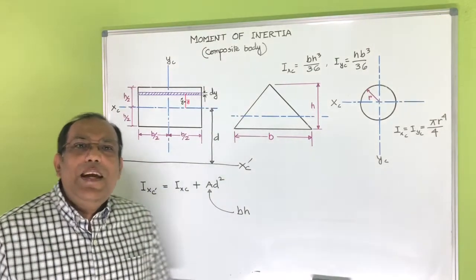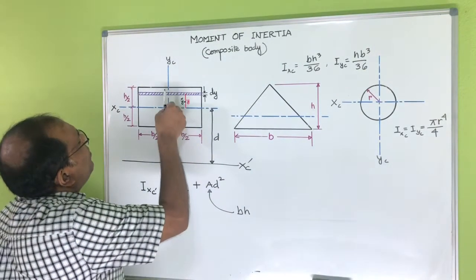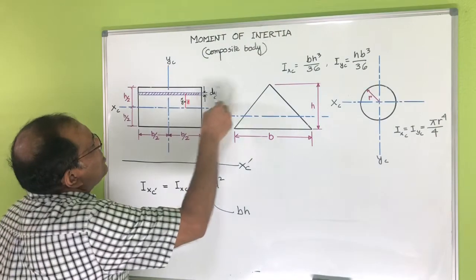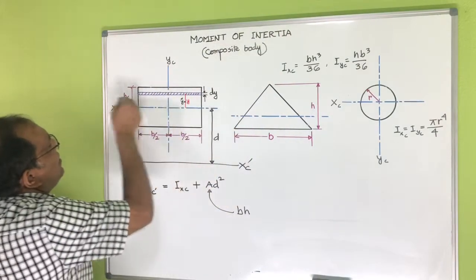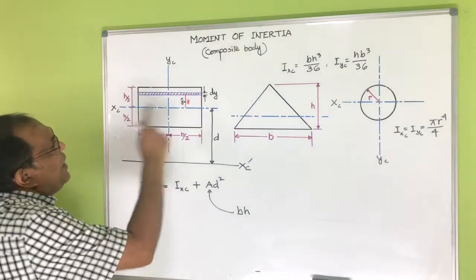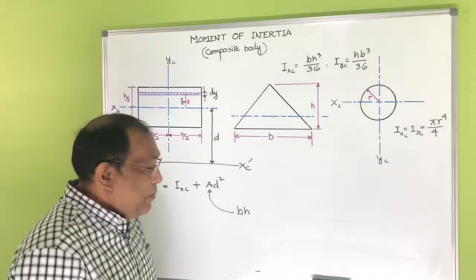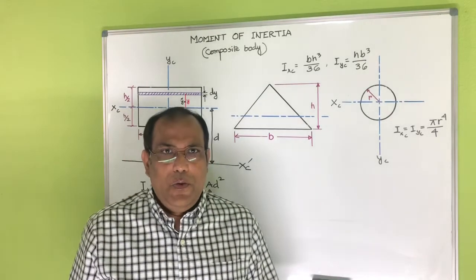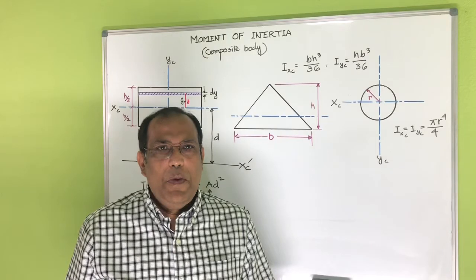Similarly, if I know the moment of inertia here, I can go to any parallel axis. It must be parallel though, you have to remember that.